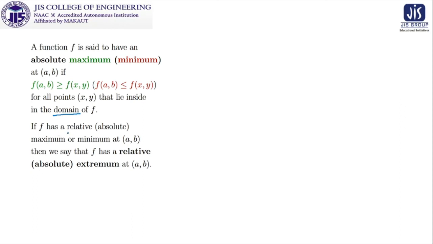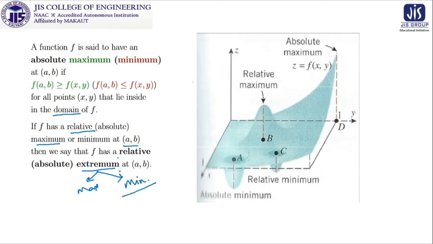So if f has a relative maxima at (a, b), then we say that f has a relative extremum. Means if we have a maximum or minimum, in general we are talking about an extremum. So an extremum can be a maximum as well as a minimum. Clear?